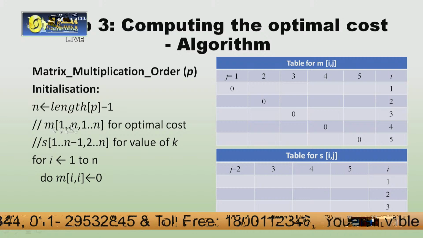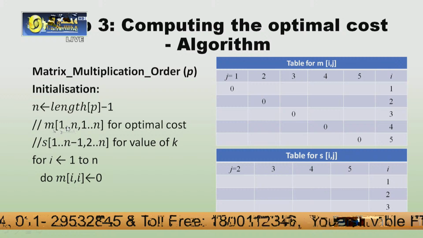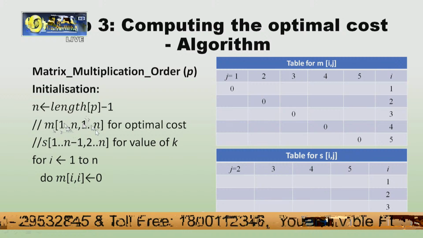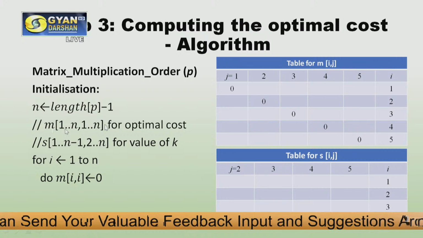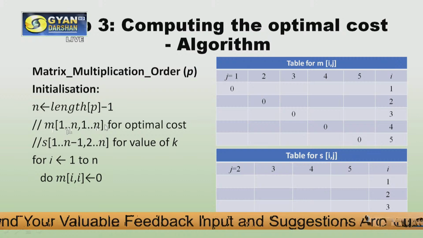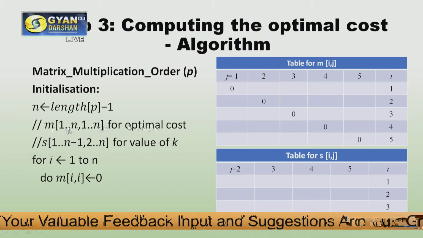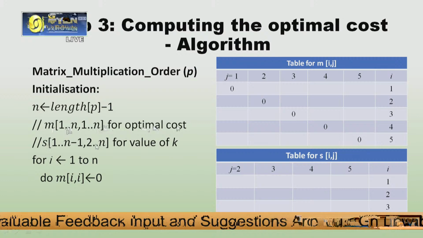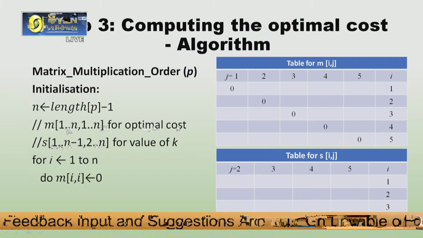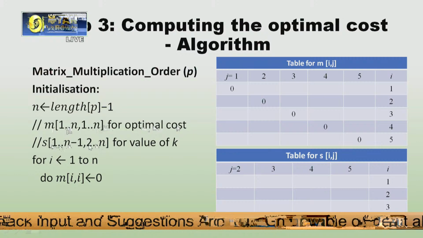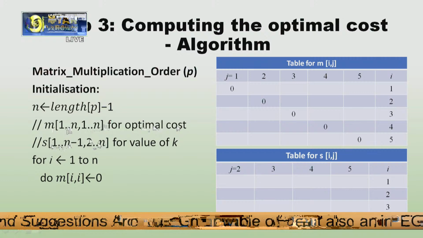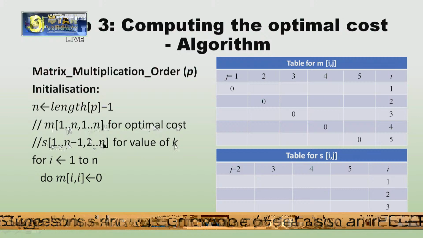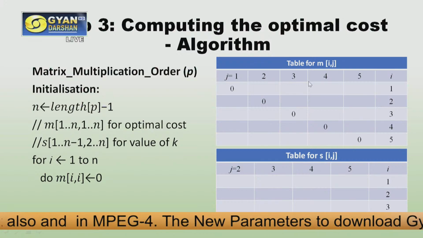If you are using C, it will be like M[n][n], but what it simply means is that M is an array of size n cross n which stores the optimal cost. And S is another very important array of size n minus 1, and J starts from 2 to n, which stores the value of K. These two matrices are shown over here.